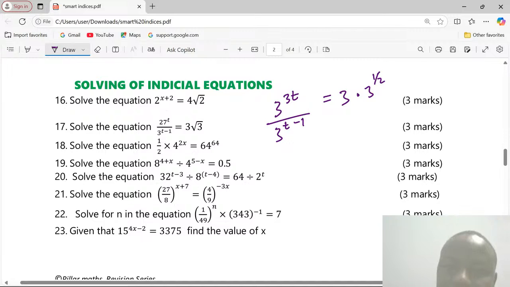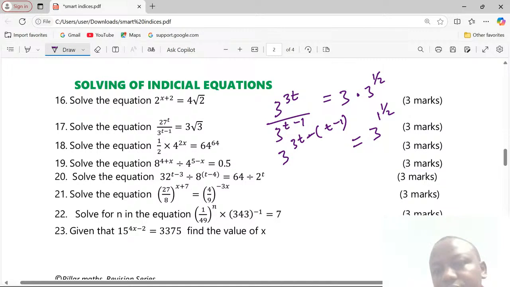So at this step, we can use several methods. This is division, so I can choose to subtract powers. I pick 3t minus (t minus 1) equals, and I add powers there, 1 and a half, because this is 3 power 1.